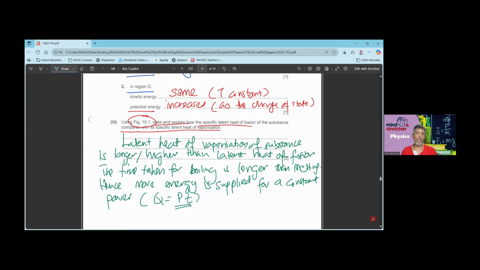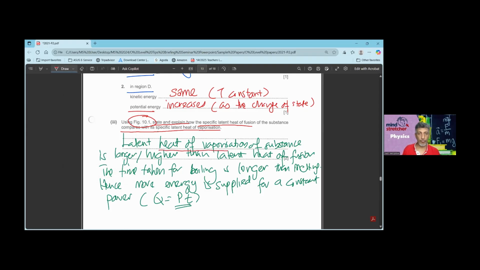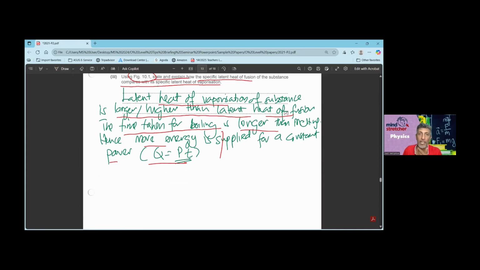So you know that the latent heat of vaporization is higher than the latent heat of fusion, based on the time taken: boiling is longer than melting. Hence more energy is supplied for a constant power. So this is how you compare the latent heat of vaporization to the latent heat of fusion. It's bigger because the time taken is longer for boiling.